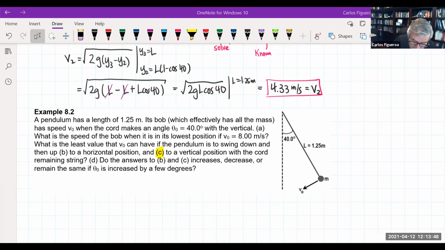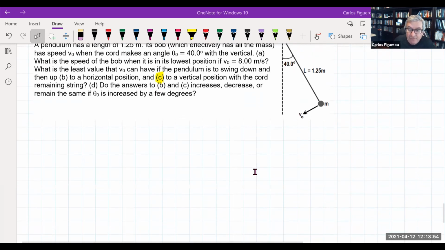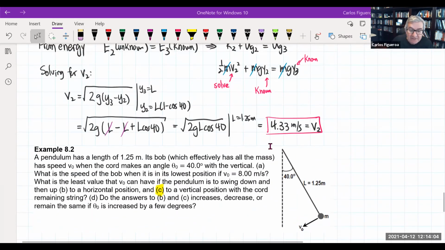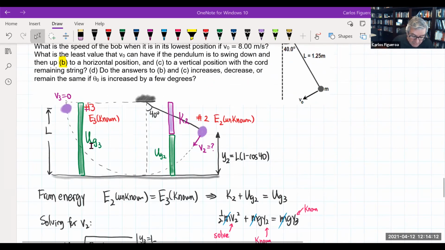So let's look at this physics-wise. We've dealt with energy states 1, 2, and 3. I called this 2 and I called this 3, so I'm going to go with 4 and 5.